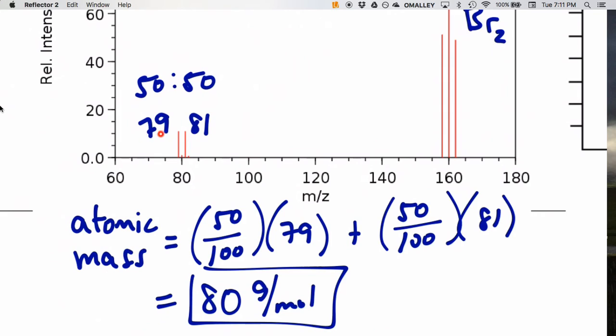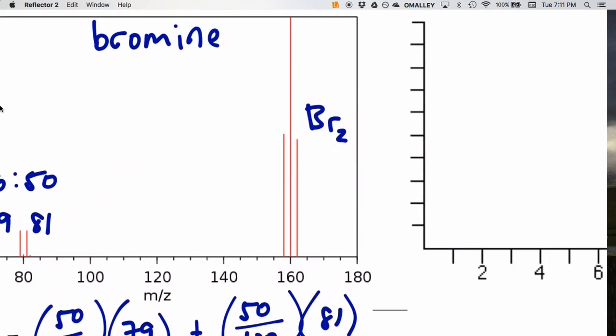They are all 79 and 81, but on average, we say it's 80 because at any given time it's directly in between, because bromine is very unique in that it has a 1-to-1 ratio of the two isotopes. Most elements do not have that. Most elements have an isotope that's much more abundant than all the others. Bromine is such an outlier because of this feature.